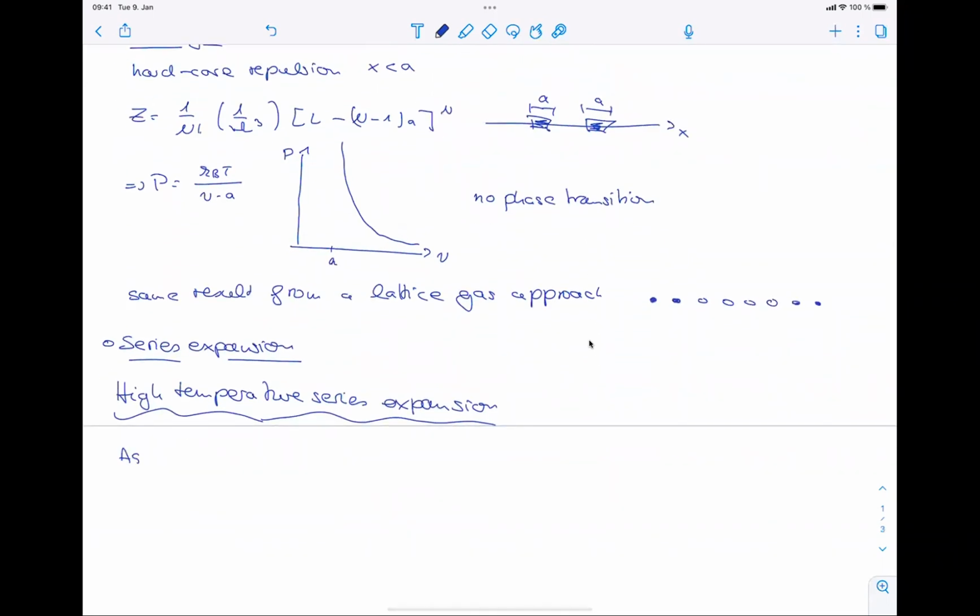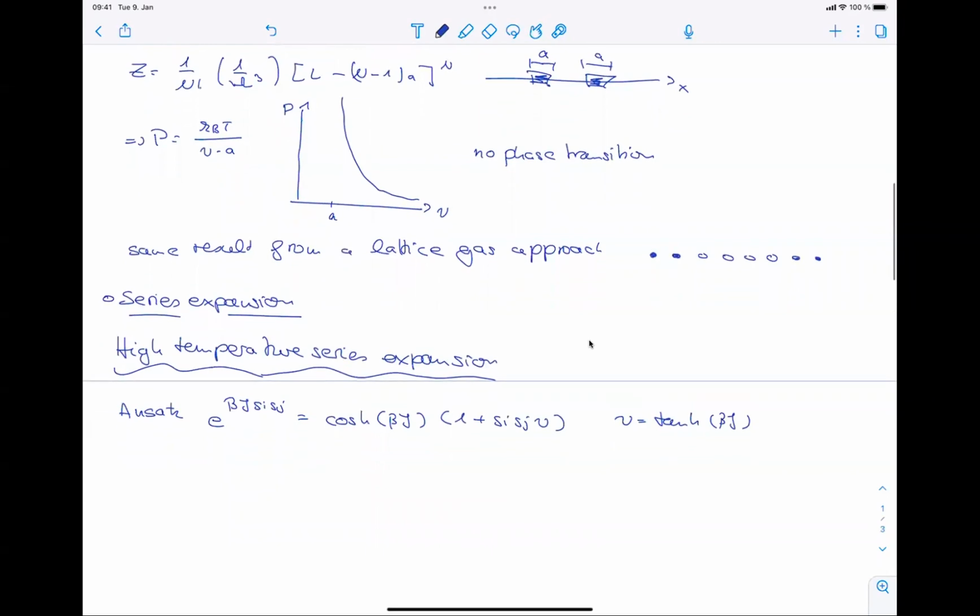And the answer was that for the two-dimensional Ising model, we write down the Boltzmann factor, e to the beta J s_i s_j, as cosh beta J times (1 plus s_i s_j times v), where v is defined as tanh beta J. And so this allows us to see that for high temperatures, for T to infinity, v goes to 0.